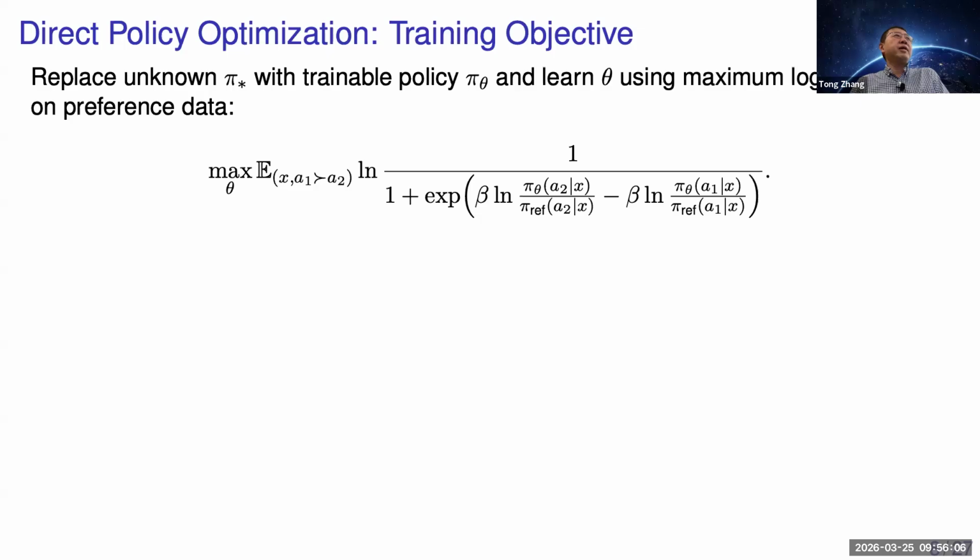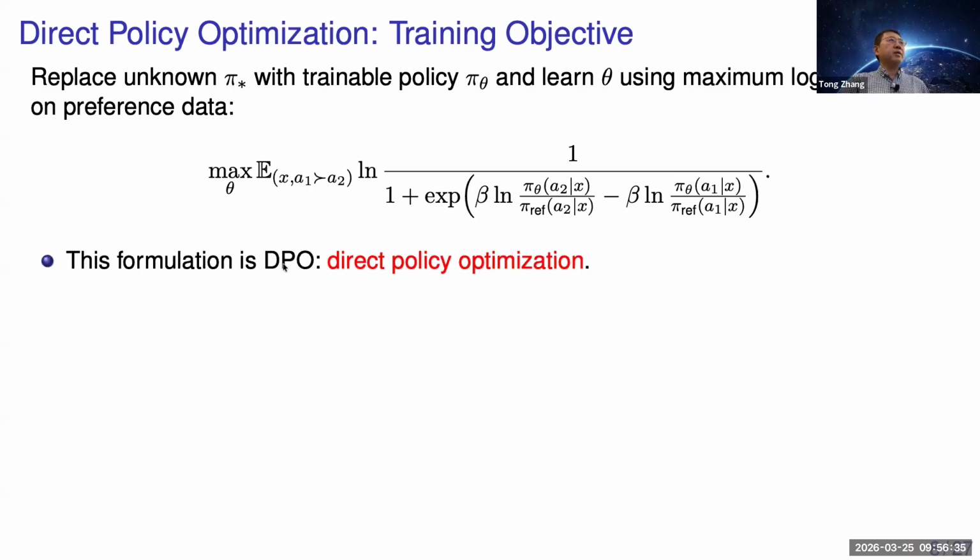We have a maximum likelihood estimate, given preference data, because we have preference data to train the reward model. This one is the implicit reward, and this is the trainable policy, which is your LLM. You can train your LLM parameters. It's a transformer, so you just train this transformer, and then this gets you whatever you want. So this is just a different loss function.